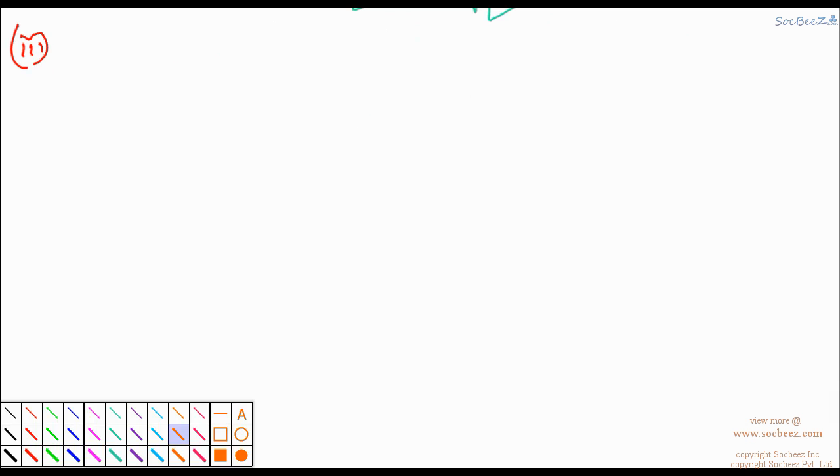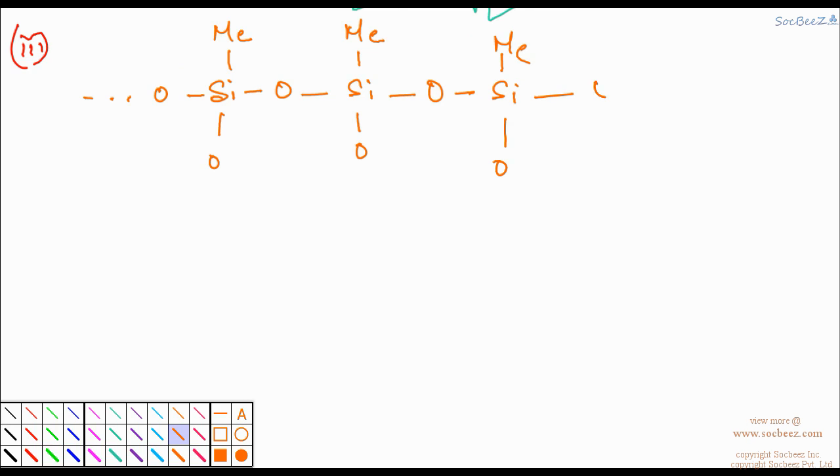It would be a two-dimensional polymer in which there would be SiO, here Me, Si, Me, O. Again this O would be linked with Si, and these individual Si would be linked with O's.